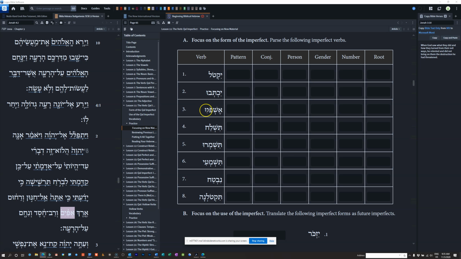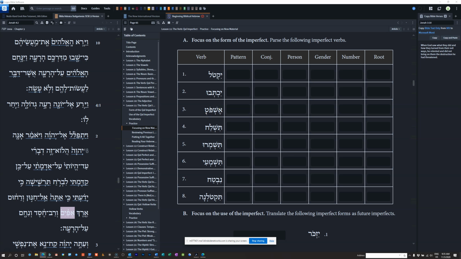On the other hand, if tet is part of the root, and we usually have 3 letters in the root, well, what if our root is shin, pe, tet, and aleph is what's added as a prefix? Sure enough, aleph is added to Qal imperfect verbs as a prefix in the 1cs form. So, let's say that that's what we've got. If we take this aleph off, as our prefix letter, we're left with shin, pe, tet.